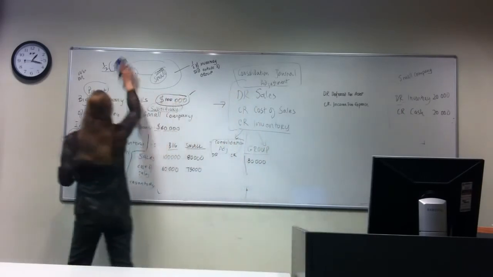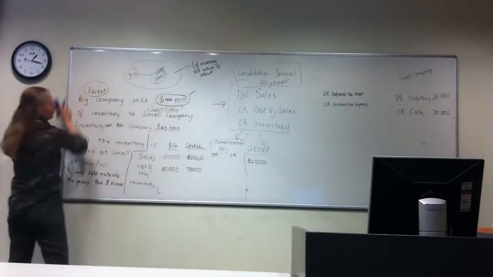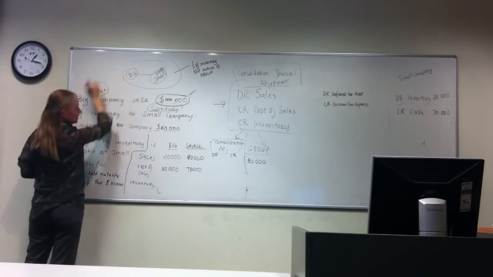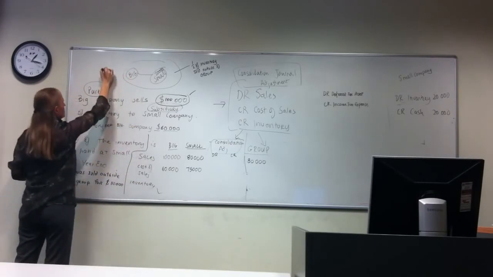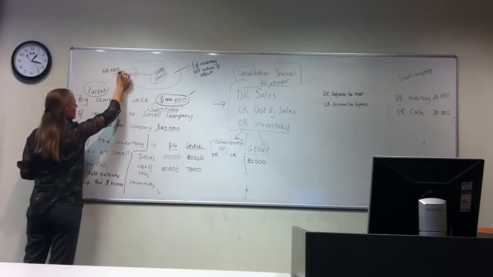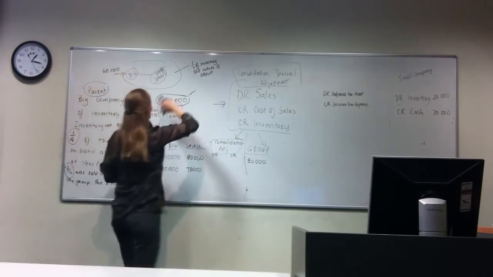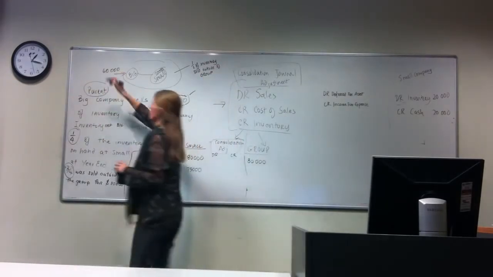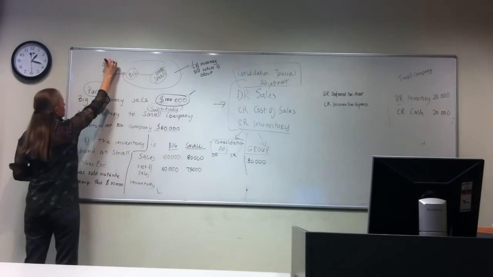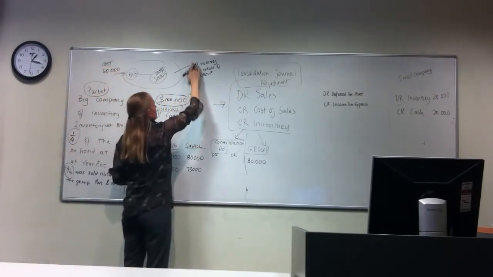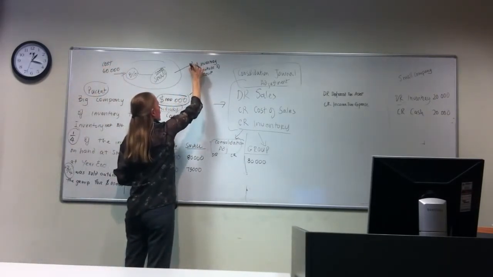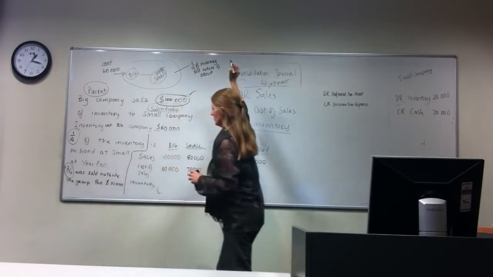Basically, when the stock came into the group, it cost 60. Remember that when it came in? And when it went out, the cost was 60, we've sold 3/4, and we've sold it for 80.